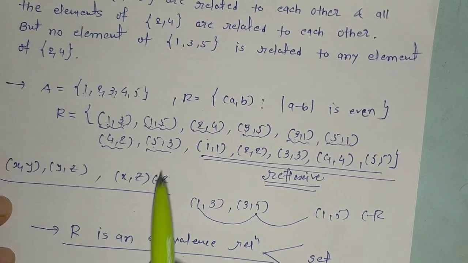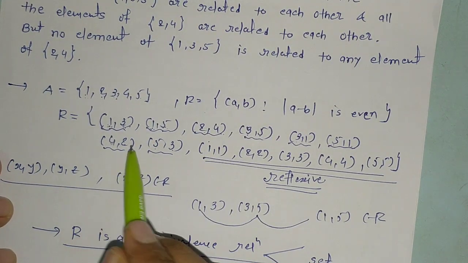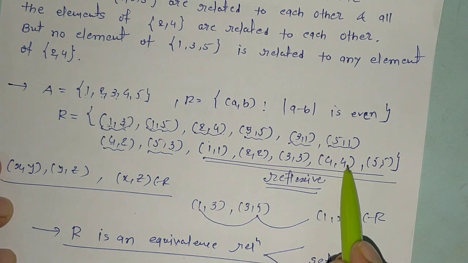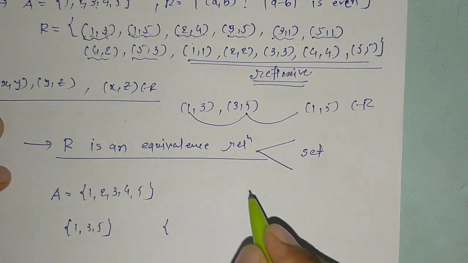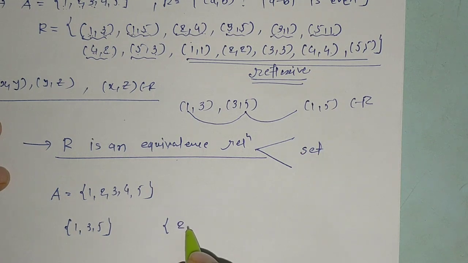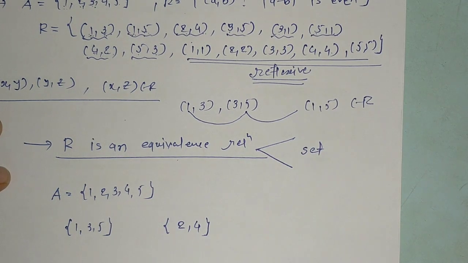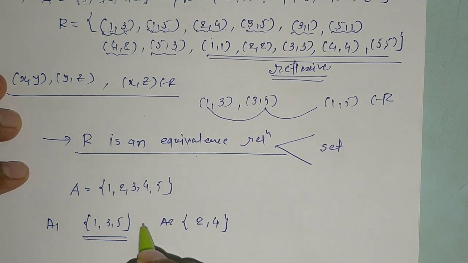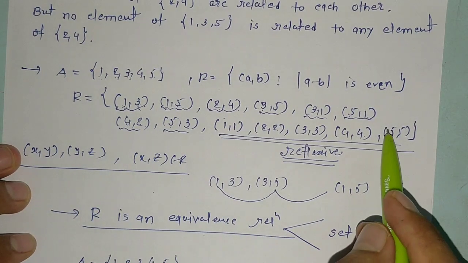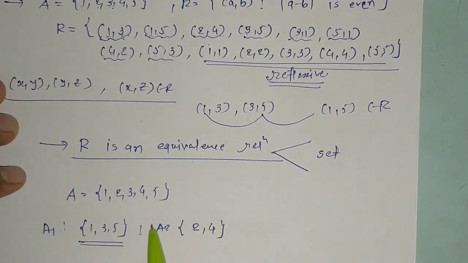Same for the even numbers, 2 4, 4 2, 2 2, 4 4. Only even numbers are in relation. So I am making a set of those elements, 2 and 4. Now I am calling the first set A1 and the second A2. All the elements of A1 are related and all the elements of A2 are also related.